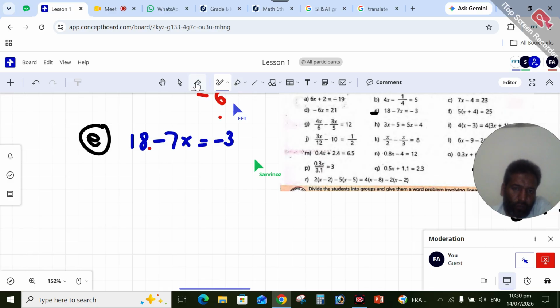Now, what is the transfer? This is 18. 18 would be transferred to the next side. Can we transfer x with this number? So negative 7x, and here is negative 3, negative 18, right?